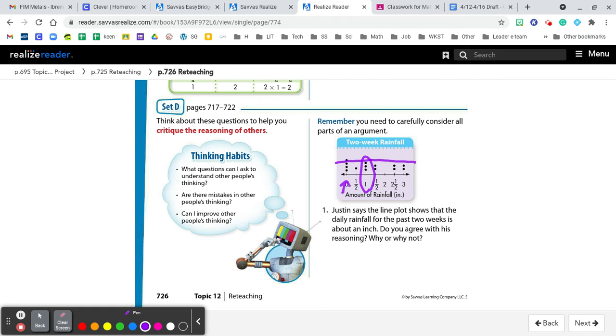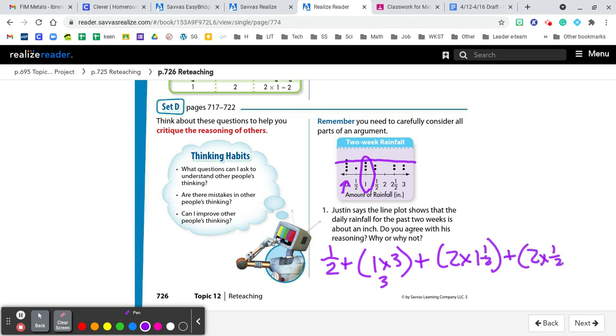So if you add everything together, so if we add 1/2 plus 1 times 3, which is 3, okay, plus 2 times 1 and 1/2, plus 2 times 2 and 1/2, plus 3 times 2, which is 6.